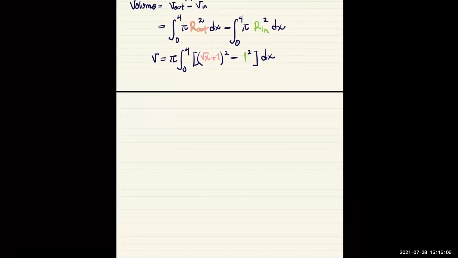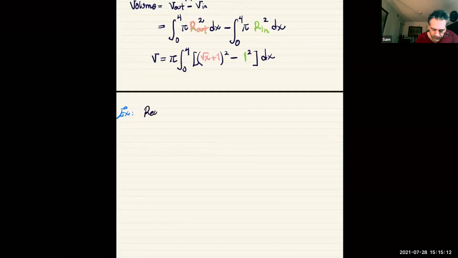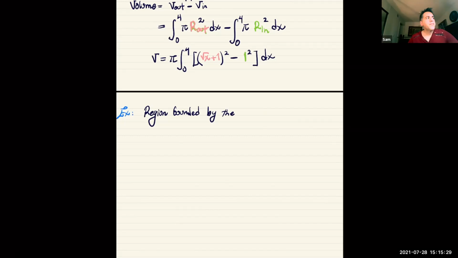Okay, so next example. Let's go with the region. Professor, are we ever going to have problems where we'll need to find the area and then take the integral of the area, or is it always going to be given to us like it is here?